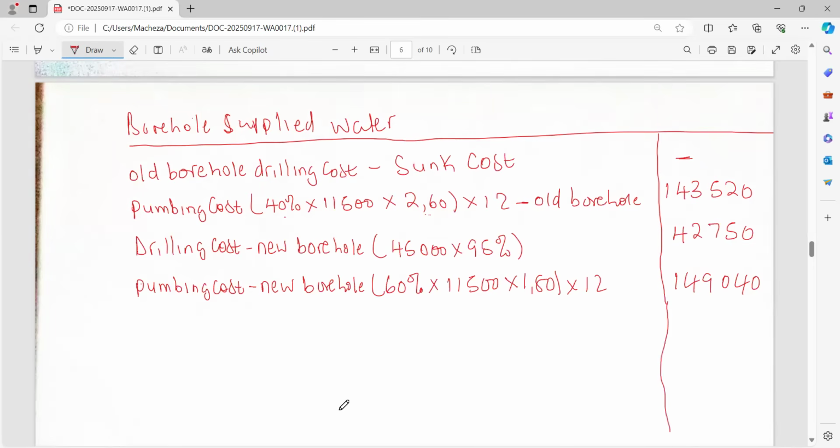So which means we are going to say depreciation, so this one we call it a what?